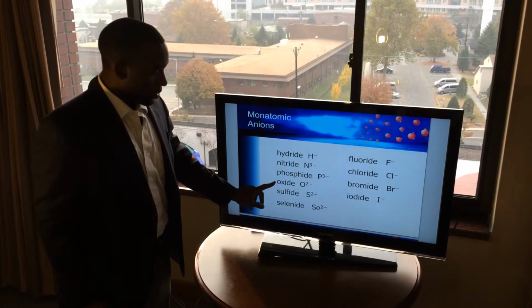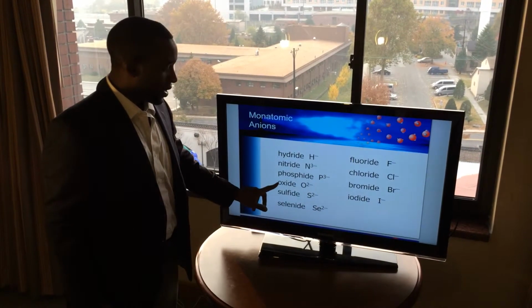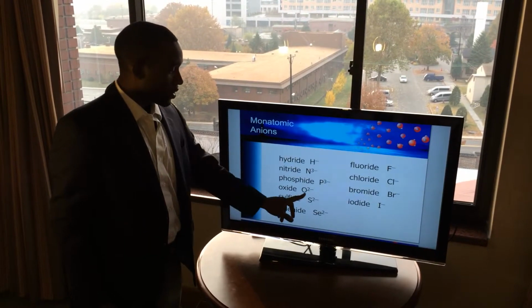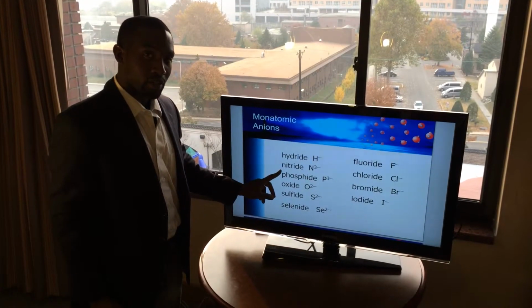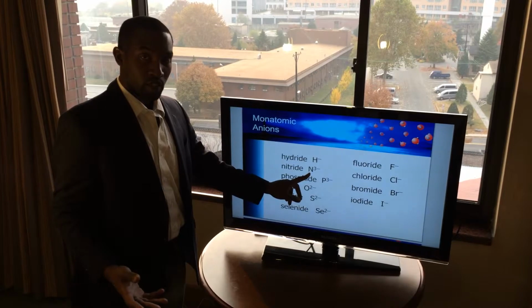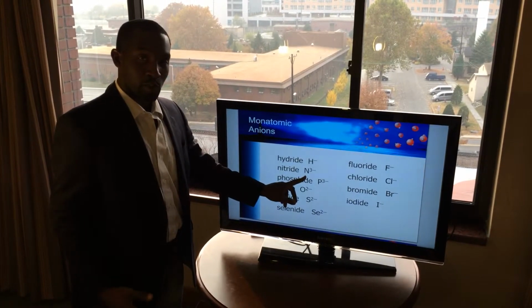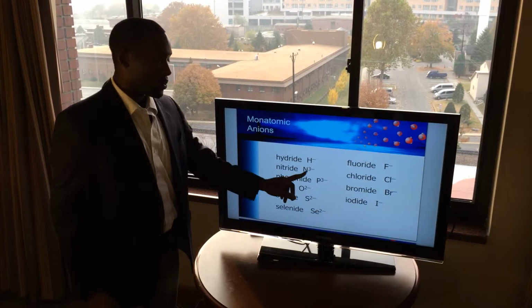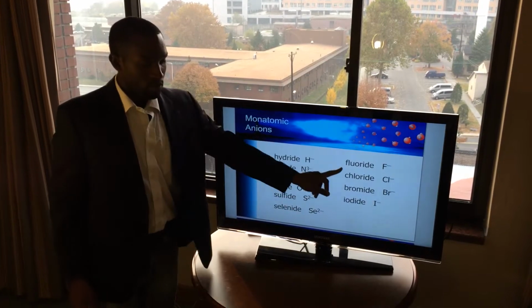And as you're locating these on the periodic table, you'll find out that group 6 elements form a -2 charge. And which group would this have to belong in to form a -3 charge? Which group needs 3 electrons to form the valence octet? It must be group 5. They already have 5 in the outermost shell. They need 3 more. So these are located in group 5, group 6, and group 7.